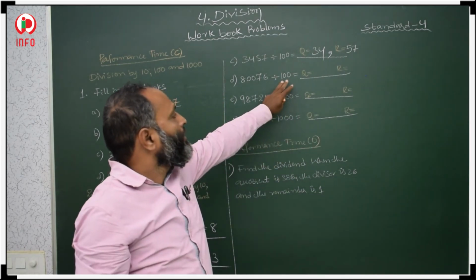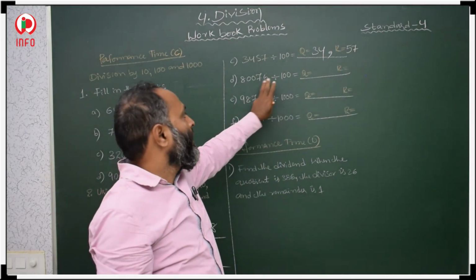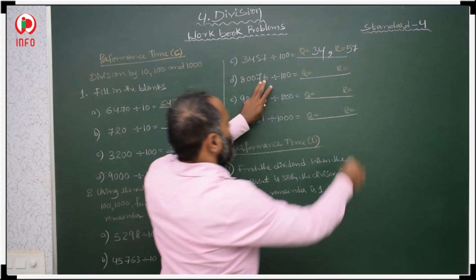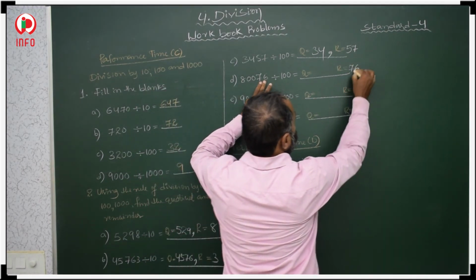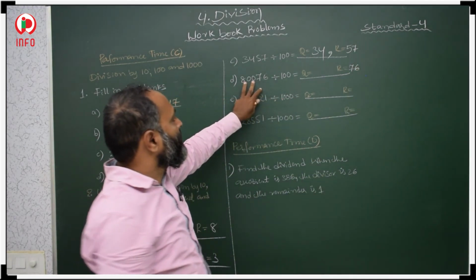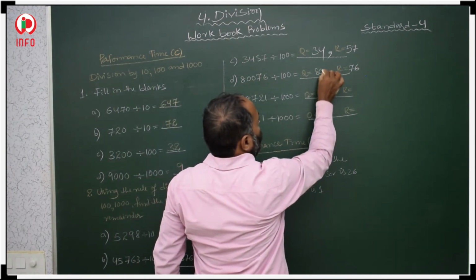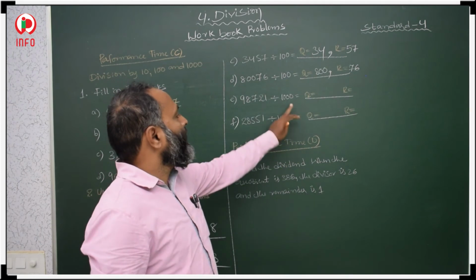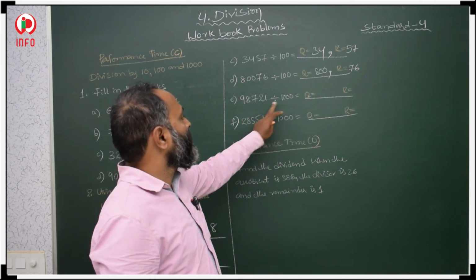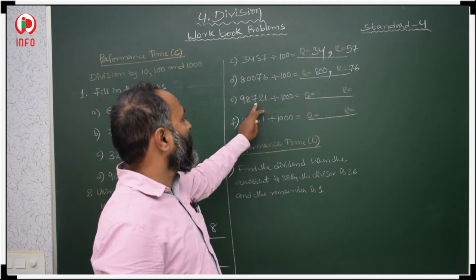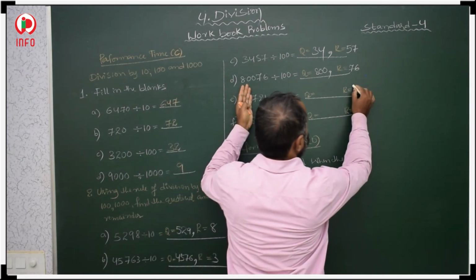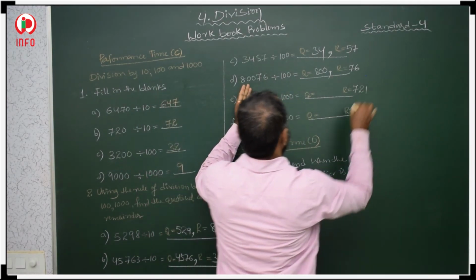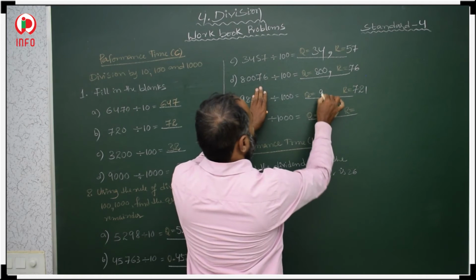And here, dividing by 100, the last two places are the remainder, 76, and the rest of the places are the quotient, 800. And here, dividing by 1000, the last three places, meaning 3 zeros, 3 places, 1, 2, 3 till here, is the remainder and the rest of the places are the quotient.